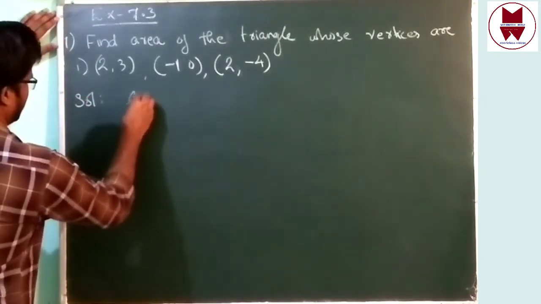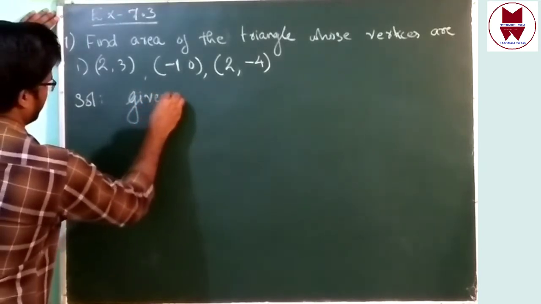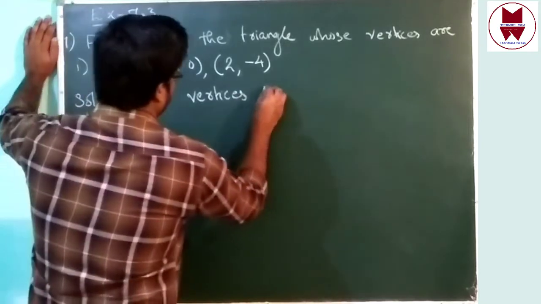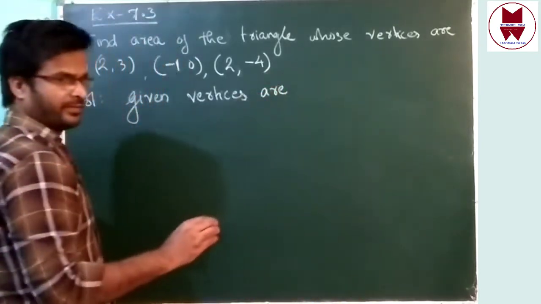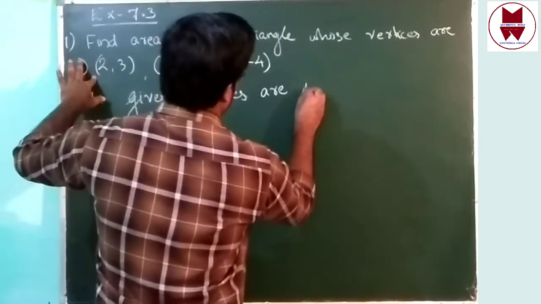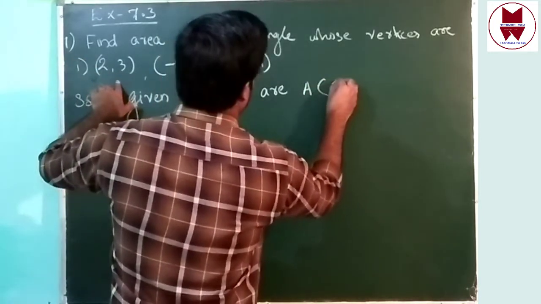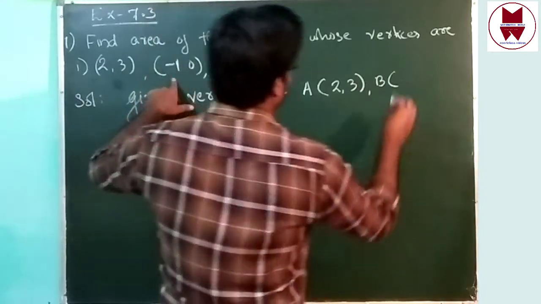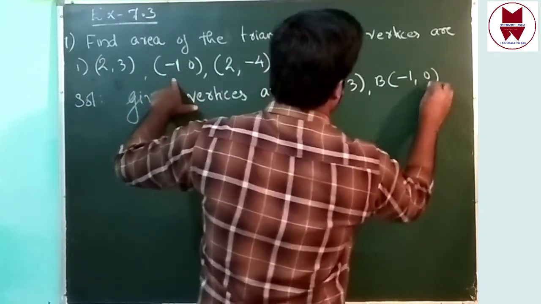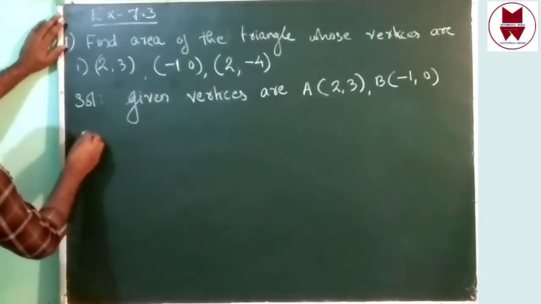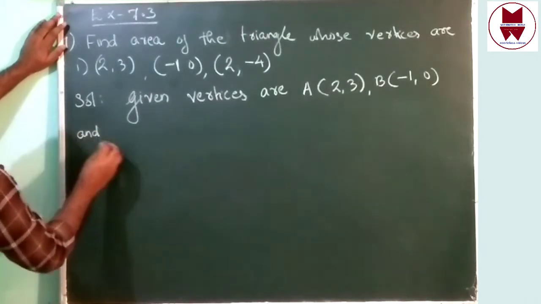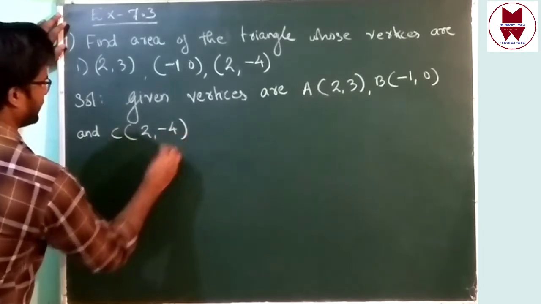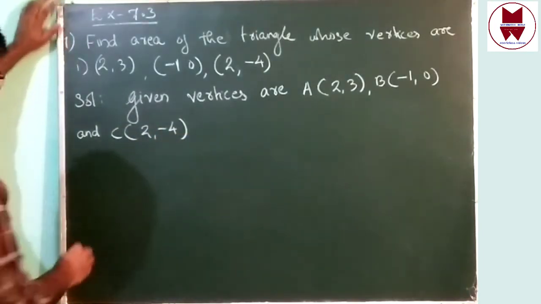We can write: given vertices are, 3 vertices given here. We can give names: A is (2, 3), the second vertex is (minus 1, 0), and C is (2, minus 4). We are going to use that formula.